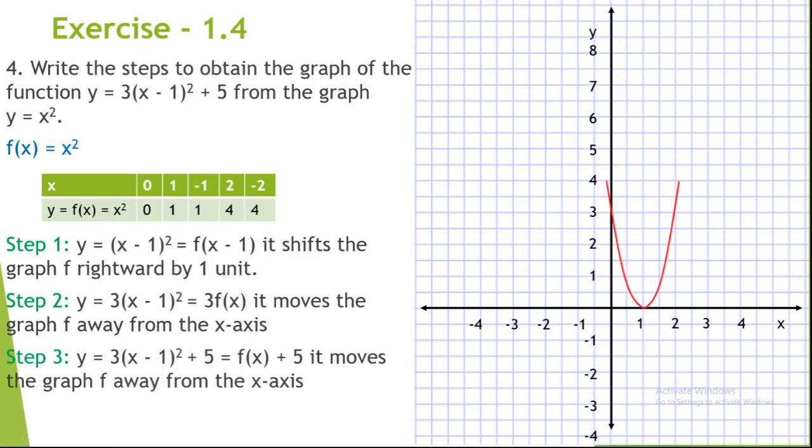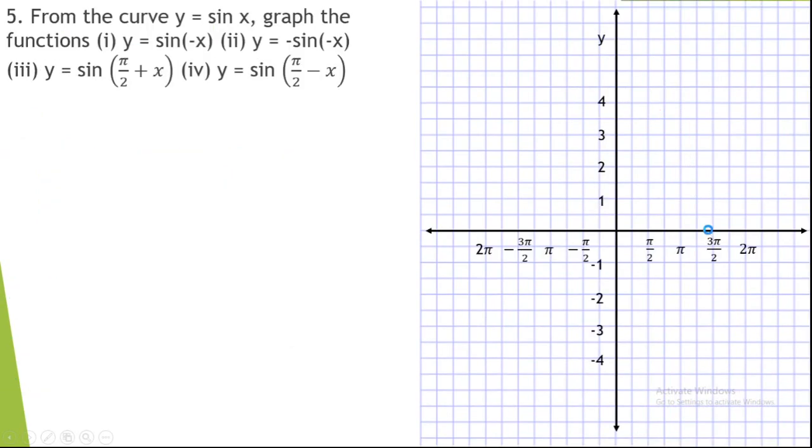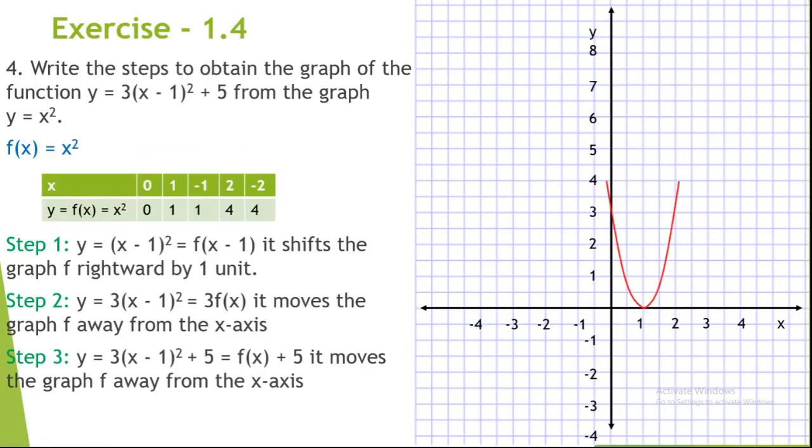This is the original graph, which is this. Now when you add 5 units, the graph will move 1, 2, 3, 4, 5, so the graph will come here. This is the previous one. Now the graph is shifted upwards, the previous one shifted by 5 units.